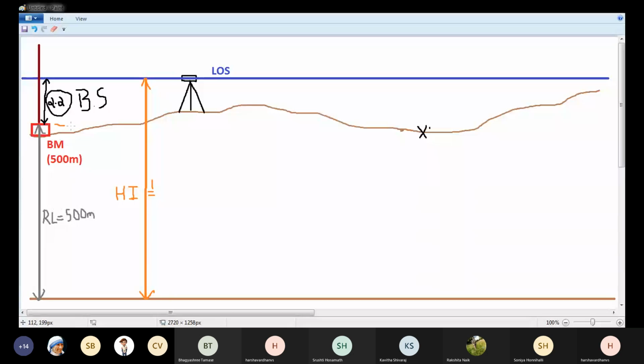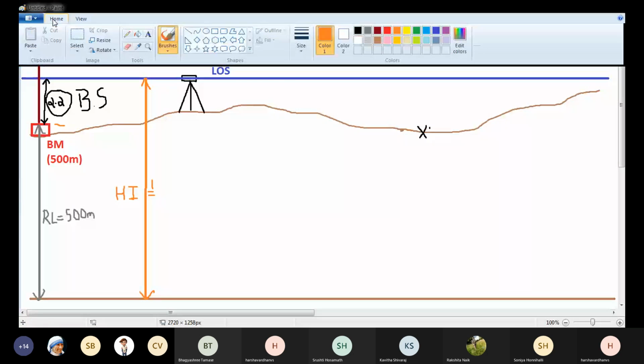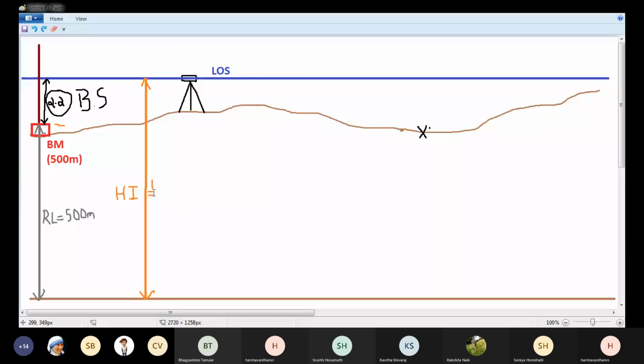It is 500 plus 2.2, so it is 502.2 meters.